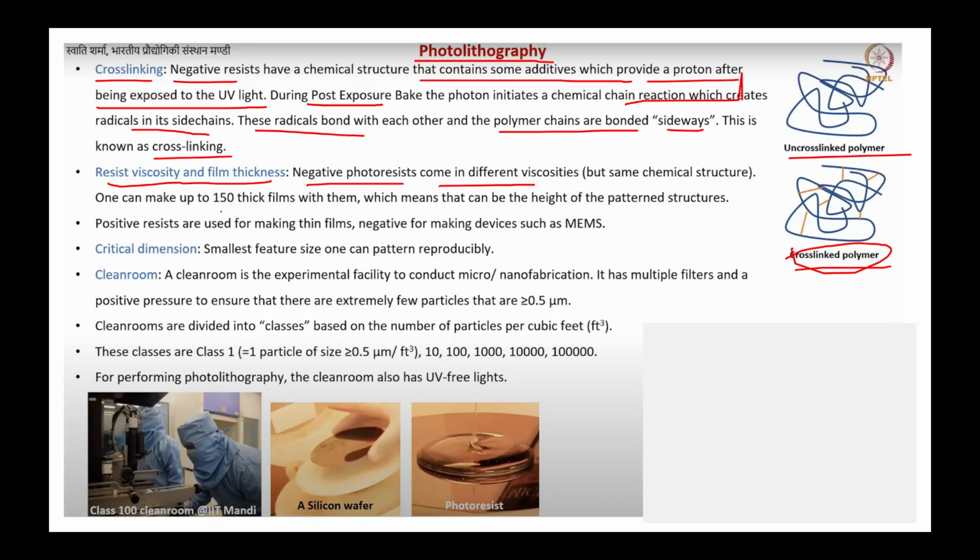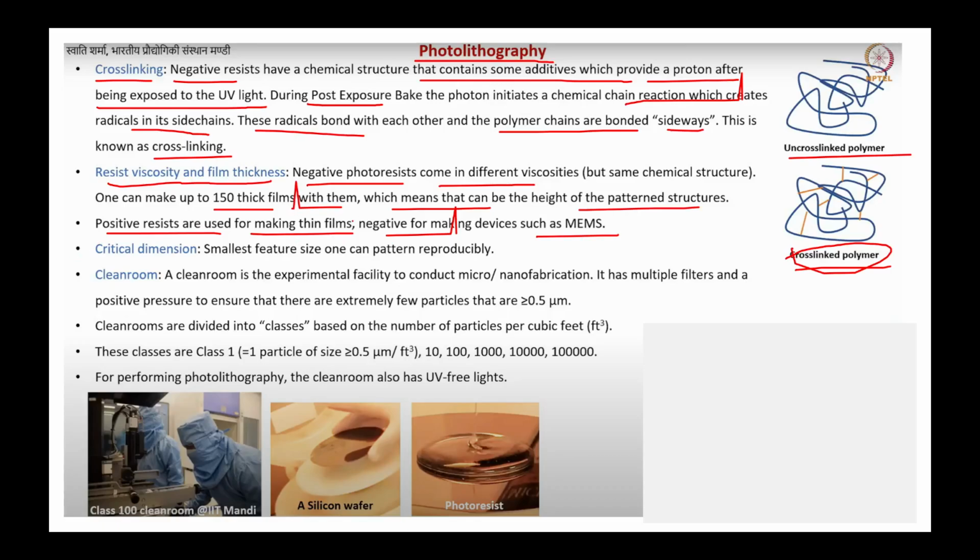One can make up to 150 micron thick films with them, which means that can be the height of the pattern structure. Positive resists are used for making thin films. Negative is used for masking devices. Negative can be used for making devices such as MEMS, where you would require some layered kind of structure.